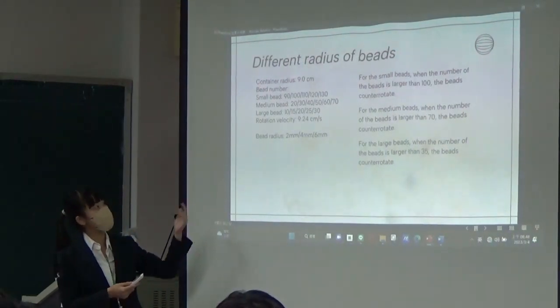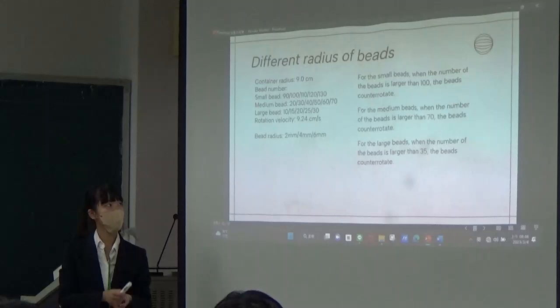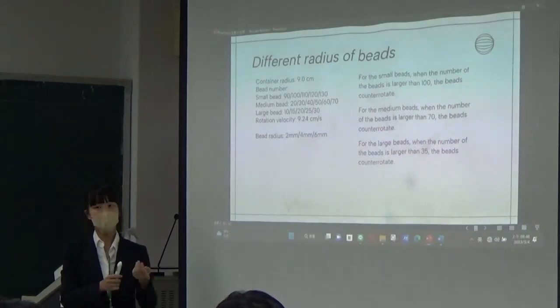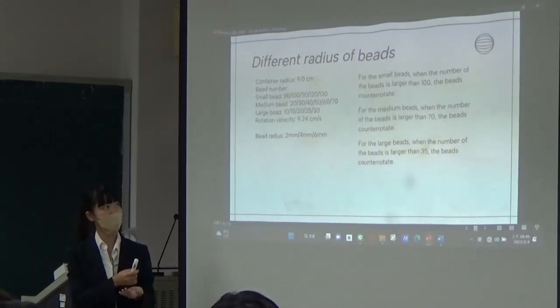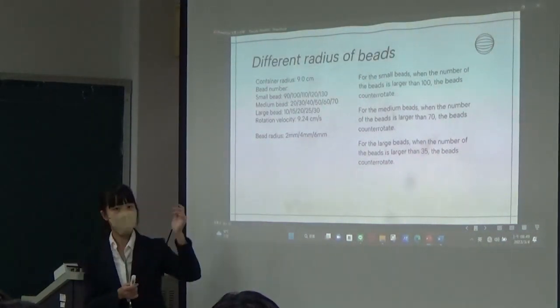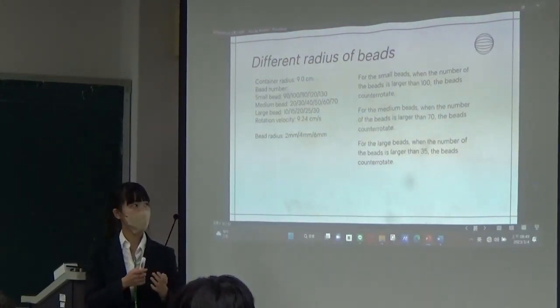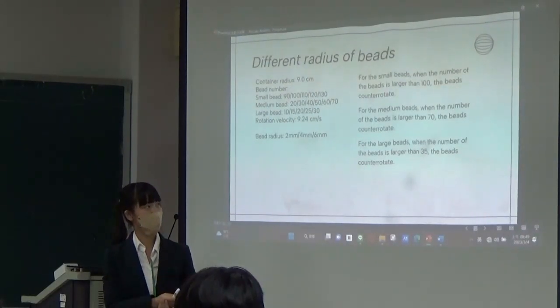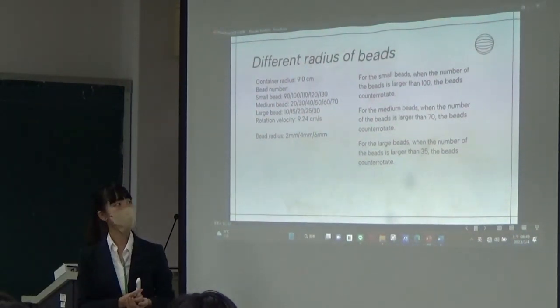Now the bead radius is the independent variable, which we set as 2 millimeters, 4 mm, and 6 mm. For the small bead, 2 mm, when the number of beads is larger than 100, the beads will counter-rotate.